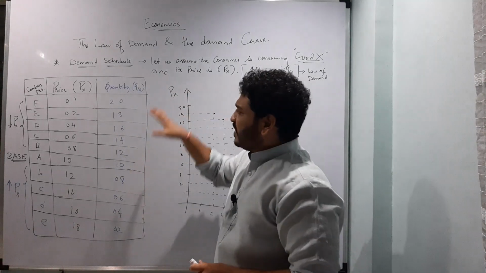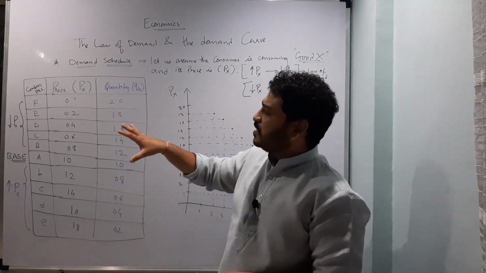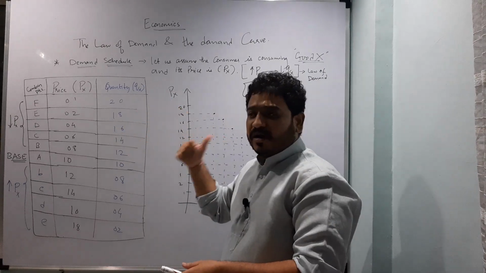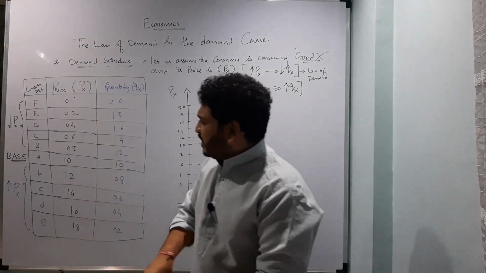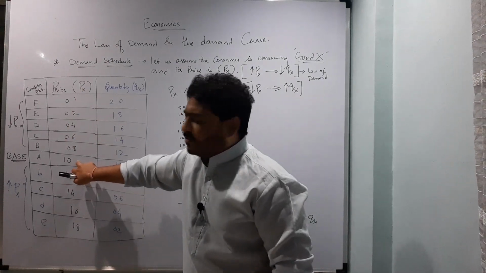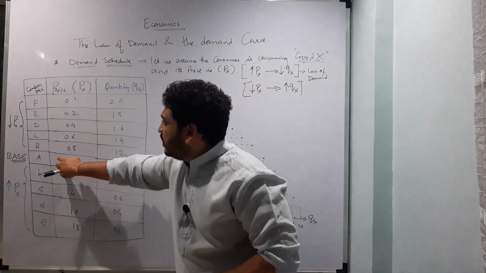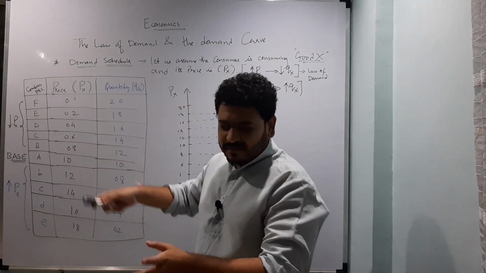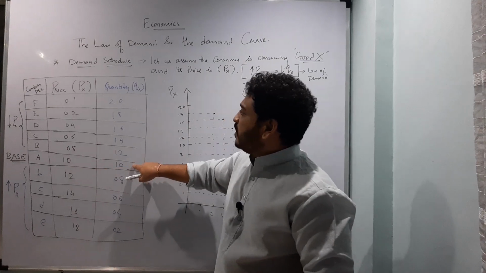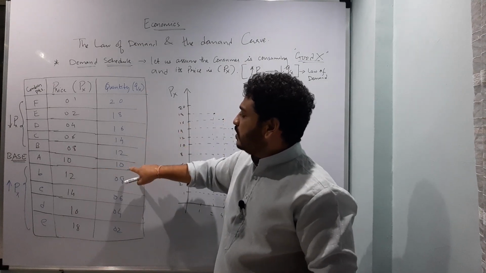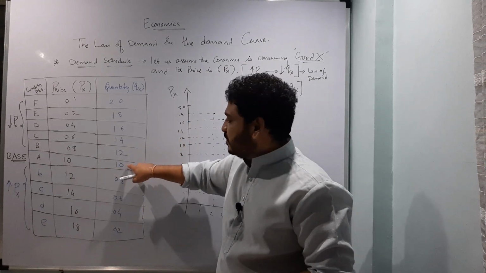Now what we can do is use the same figures from the demand schedule and plot a graph, which will give us something called the demand curve. Let us assume that the base price is rupees 10, or any other currency which you like, and the corresponding units of the commodity consumed by the consumer is 10 units.